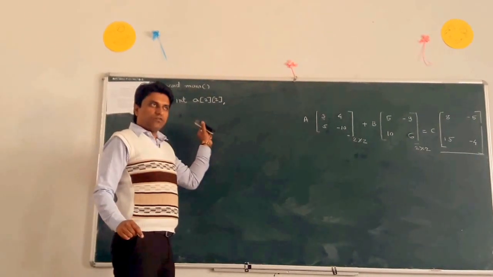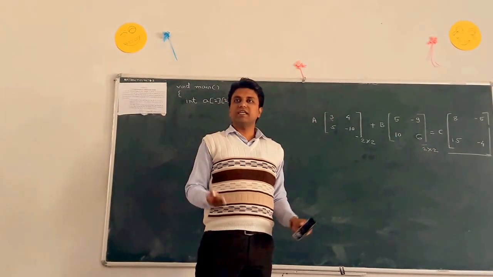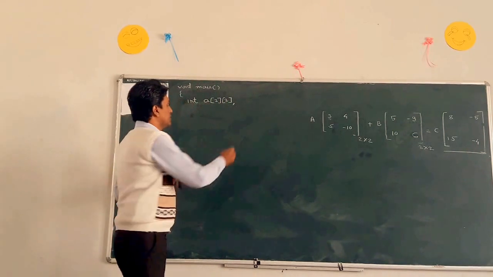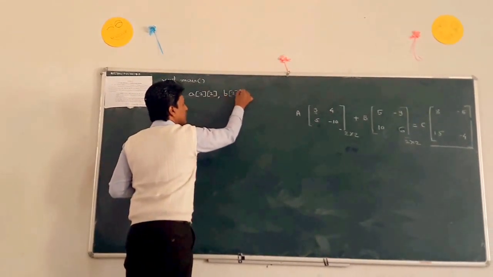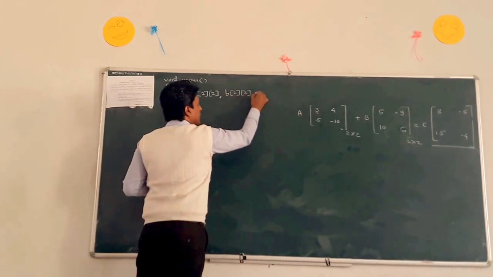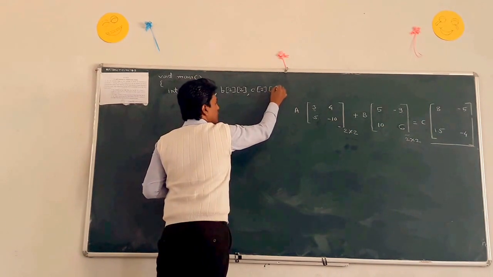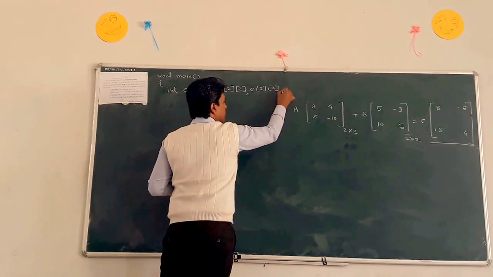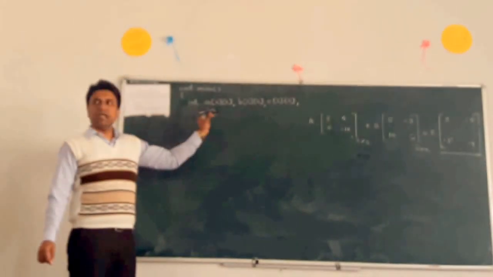This is the declaration of a two-dimensional array, not initialization, because we can initialize the array dynamically at runtime. Clear? Second, declare the second array B of dimension 2 by 2, and array C of 2 by 2. Okay, so declare the three arrays.